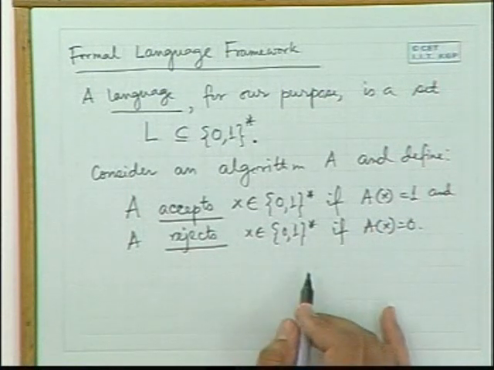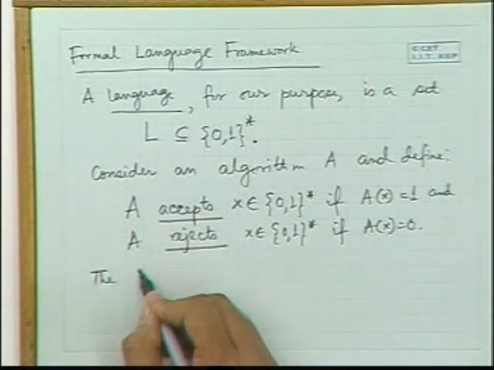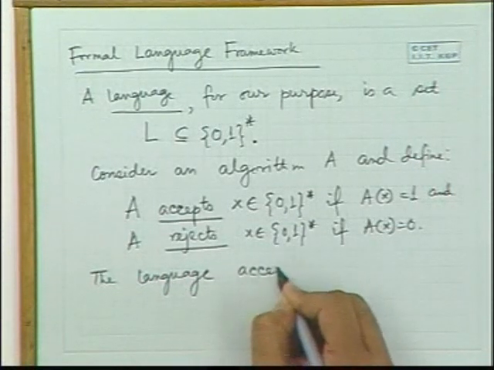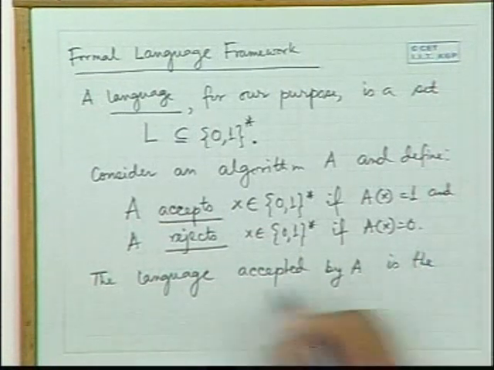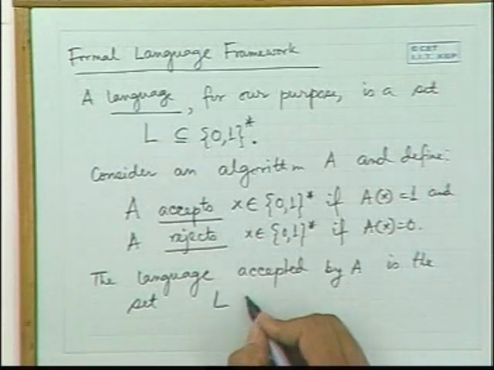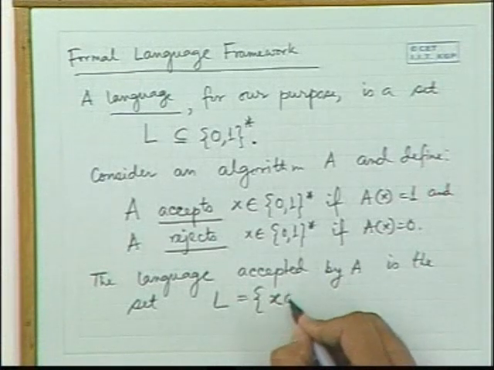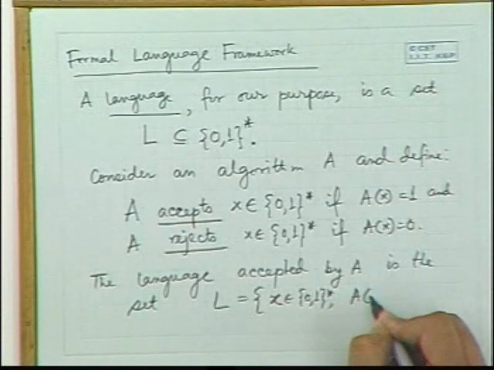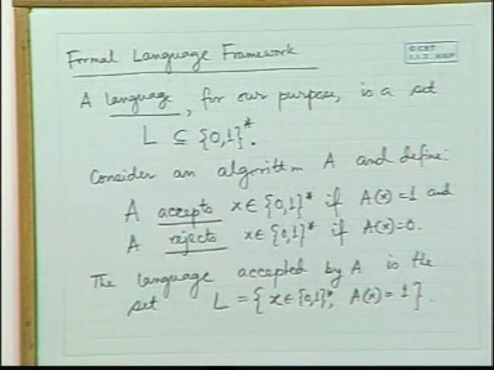This is just a definition. I'll try to tell you what all this means. The language accepted by A is the set L of all strings x in {0,1}* for which A(x) equal to 1. So that is the language accepted by the algorithm A.